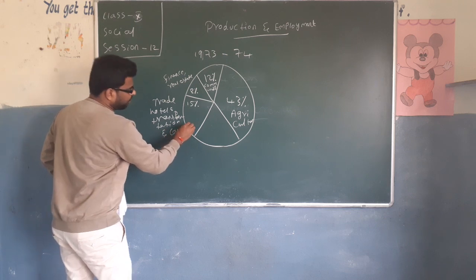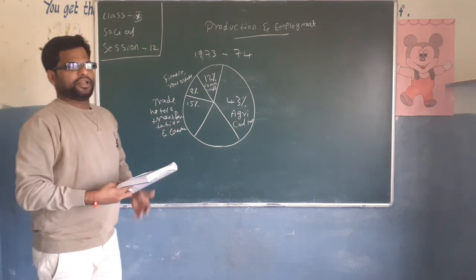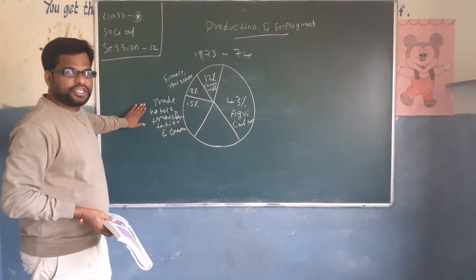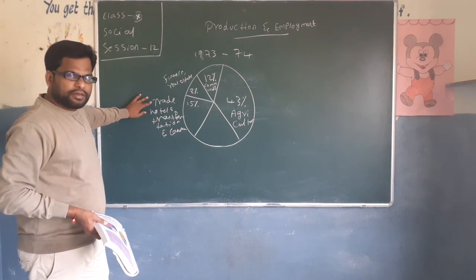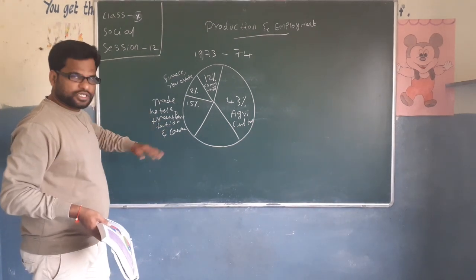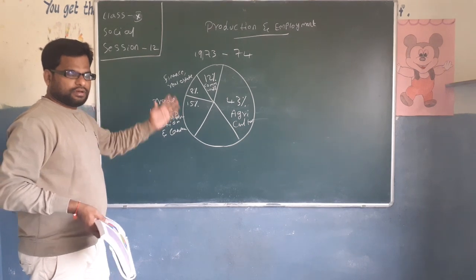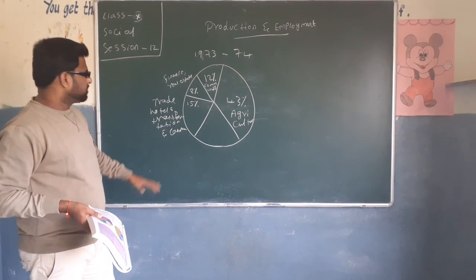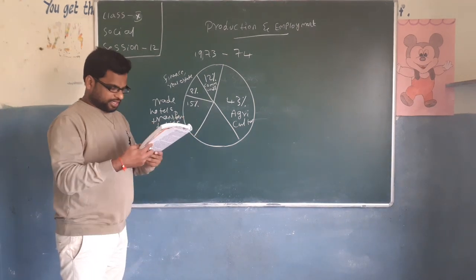Communication means all the radios, TVs, from which we got income. Trade means doing business, hotels we know, and transportation from one state to another state, and communication in between, satellites and everything. From these we got 15% of GDP income.